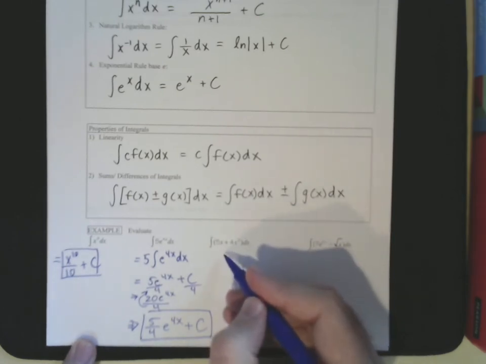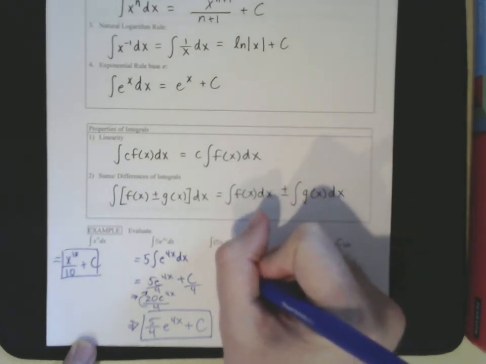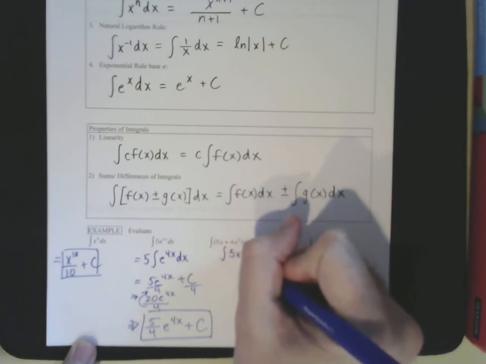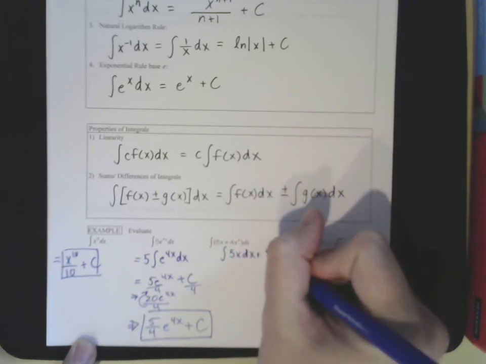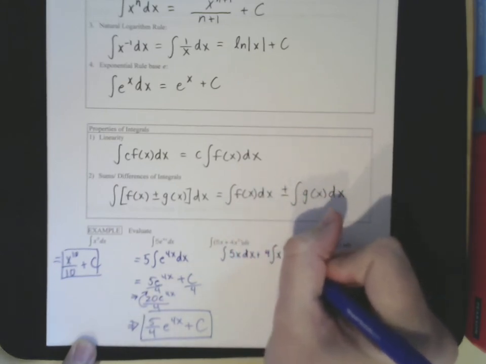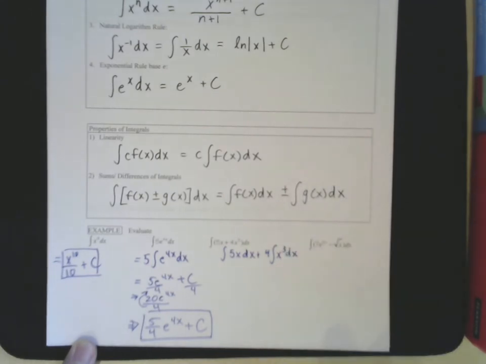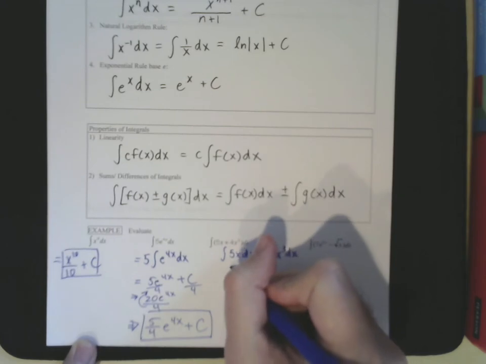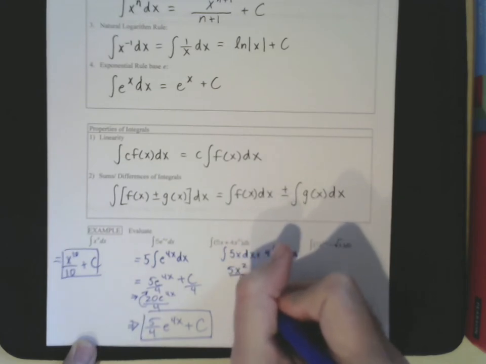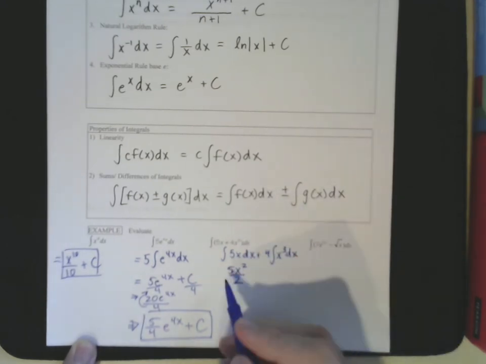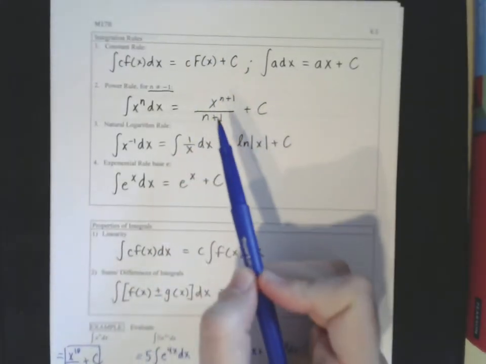For this integral, we're just going to split this into its two pieces, the integral of 5x dx plus 4 times the integral of x cubed dx. I guess I could have brought the 5 out, but this is going to be 5x squared over 2. So we're combining linearity, or our constant rule here, with our power rule.